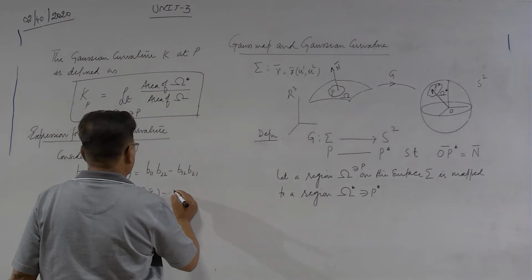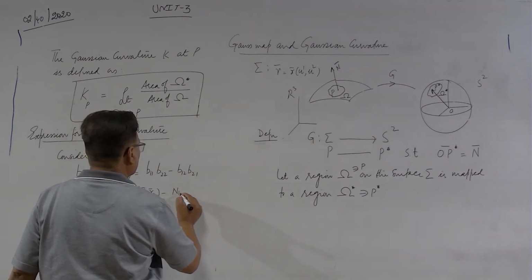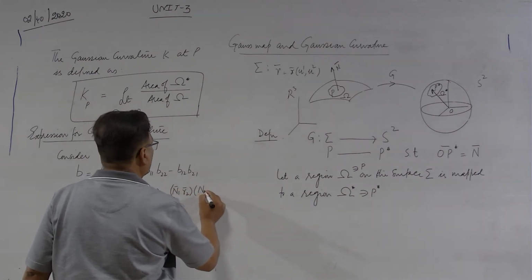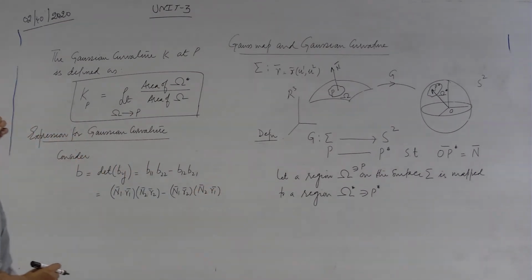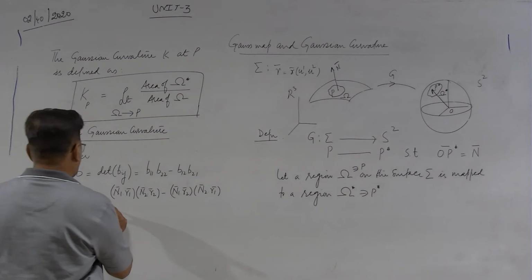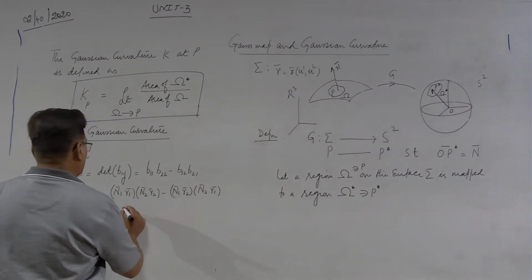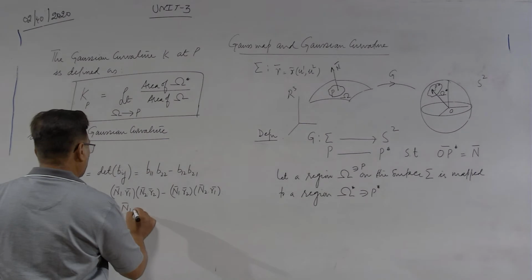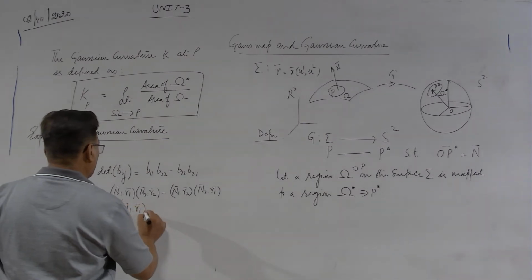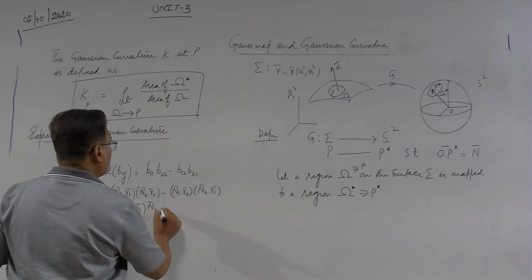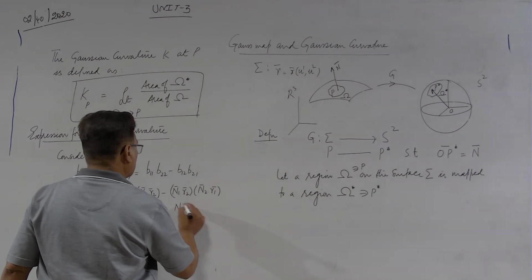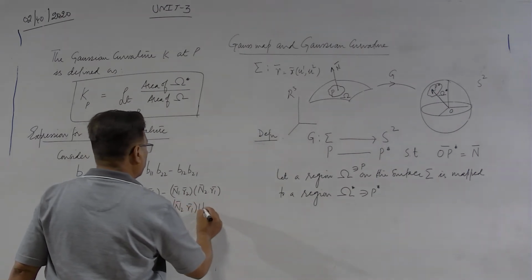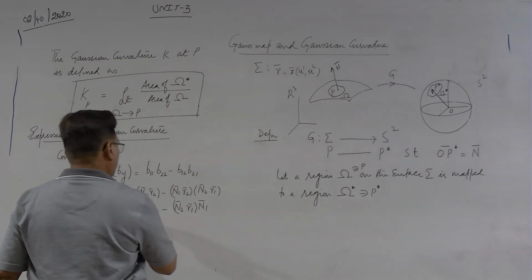So, this is n1 dot r2 into n2 dot r1. Now, I will write this down like this: n1 dot r1 into n2 minus n2 dot r1 into n1, dot r2.